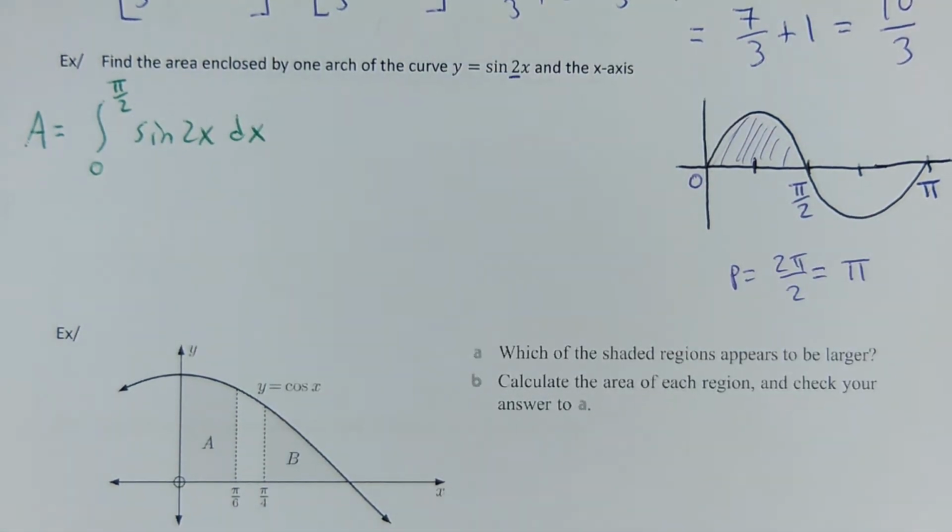Now when we go to integrate this sine of 2x, we have two options. We could use a small substitution where u would be 2x, or we could just realize that if you were to find a derivative of sine or cosine whose argument is 2x, the chain rule will create a 2 in front.